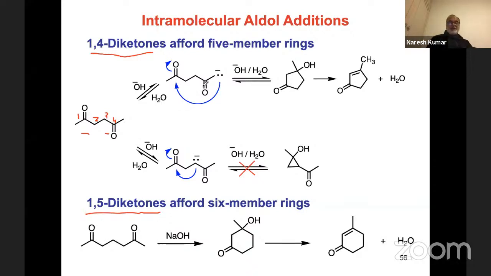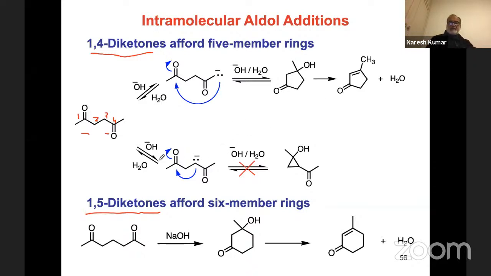You can imagine again that one of the CH3 at the end here can form an enolate, a carbanion. That carbanion can attack the other carbonyl group to give us a cyclic hydroxy ketone. And then the hydroxy ketone can dehydrate to give us the conjugated compound here. So you can get a cyclic 5-membered ring system forming in that reaction.